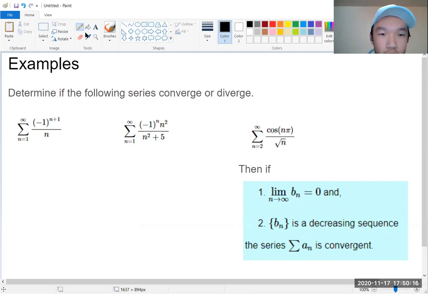So is everyone convinced that the first example is an alternating series? Sure.